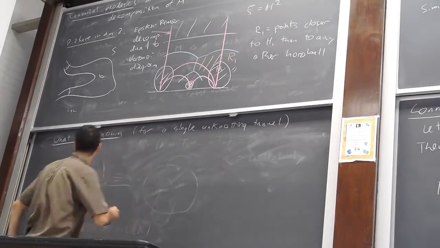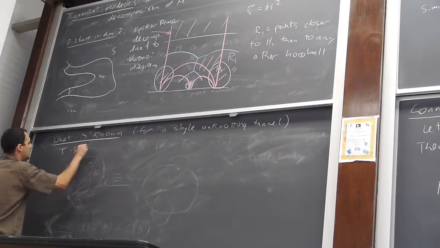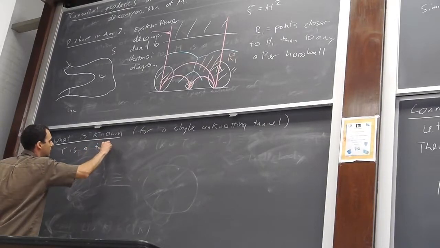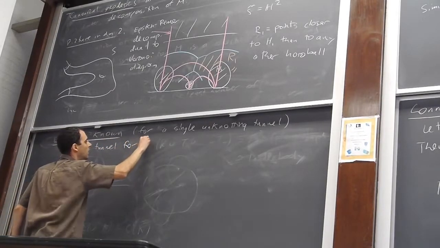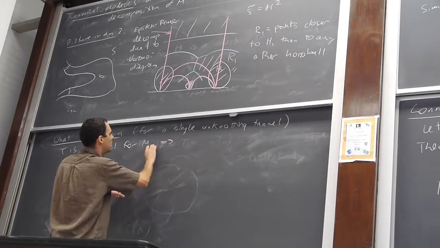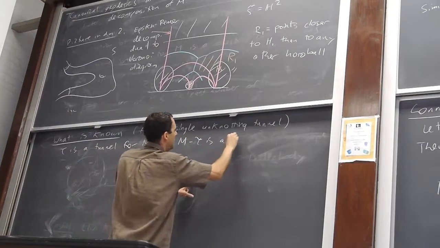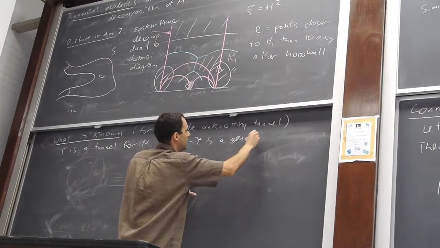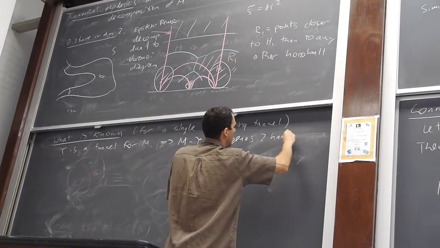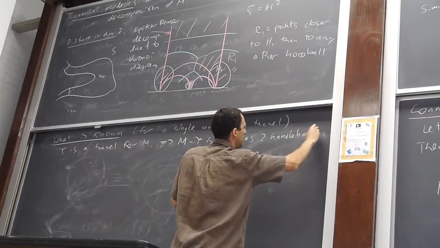So here, tau is a tunnel of M, which implies that M minus tau is a genus 2 handlebody.